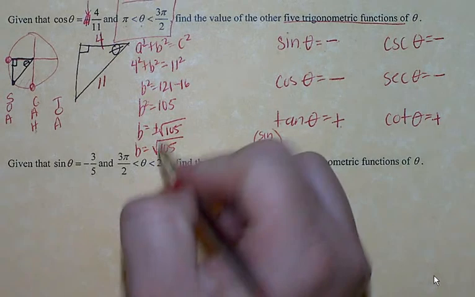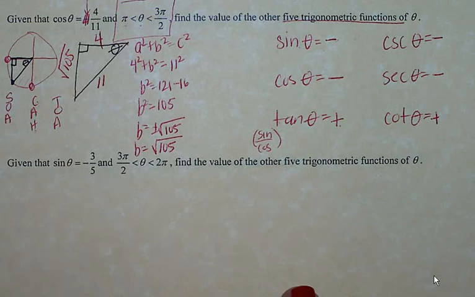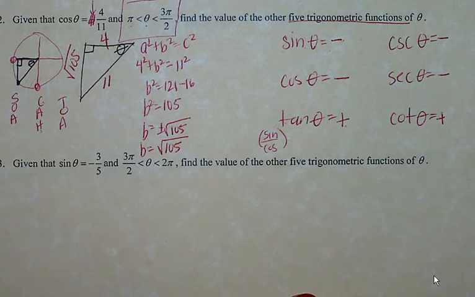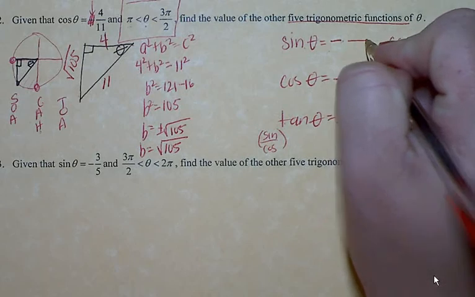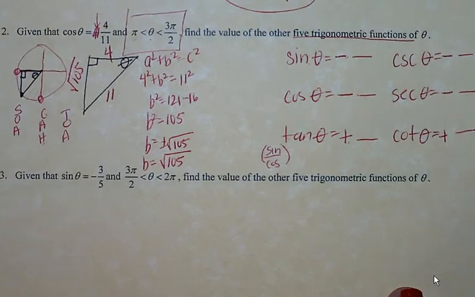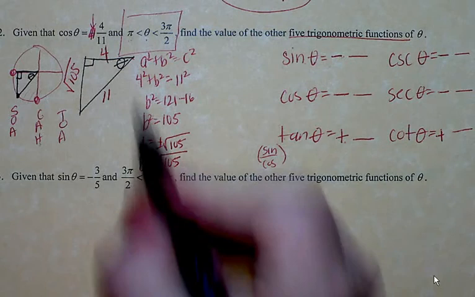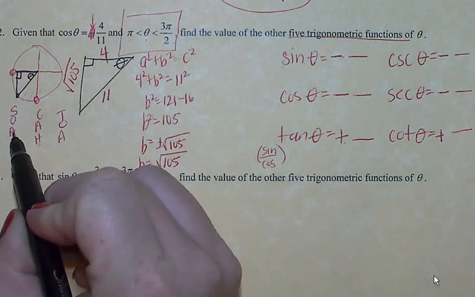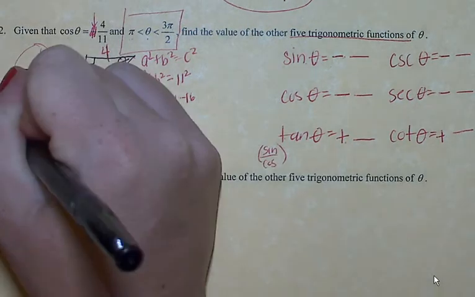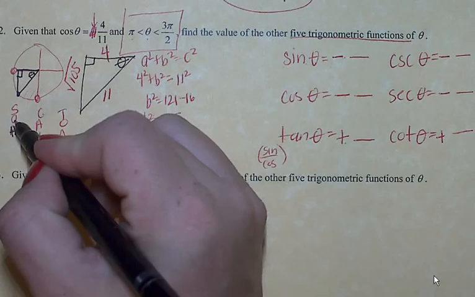Okay, so I'm going to come over here, I'm going to write the square root of 105. Each one of these will have a fraction, so I'm going to make a line that extends out for the fractions. Let's start with the sine. So your sine, from this angle, is opposite over hypotenuse.